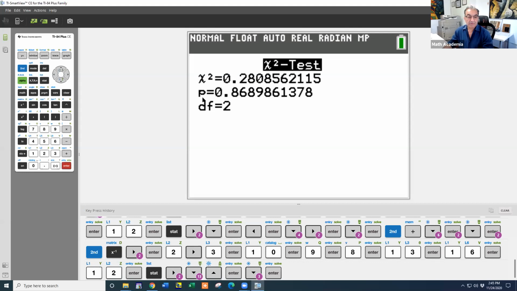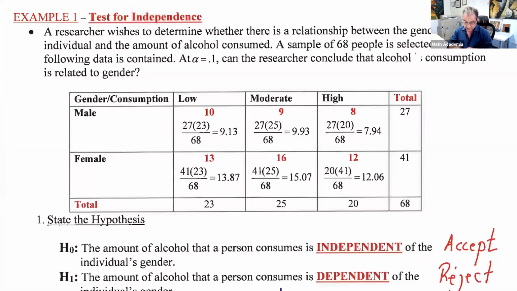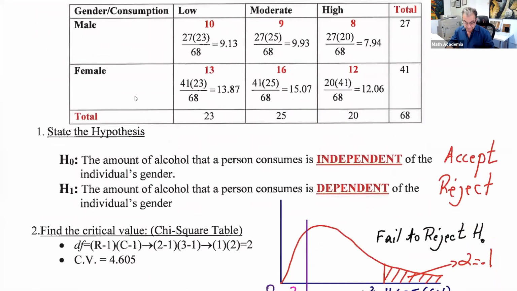And of course, P here is the p-value. You can use the p-value method to make the same conclusion which we just did. Okay, let me stop sharing that and share the next example, which I only use the calculator, but let's go over this.